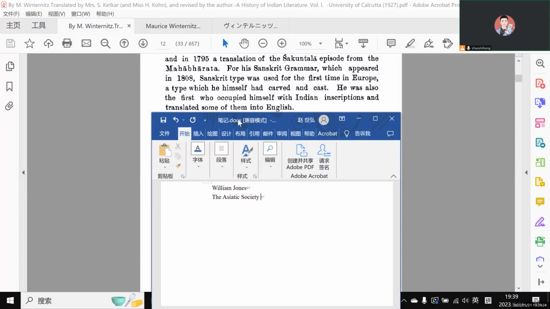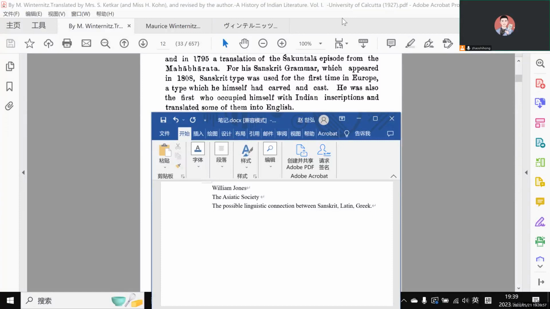Besides the Asiatic Society, another thing William Jones did is the possible linguistic connection between what languages? Between Sanskrit, Latin, Greek.